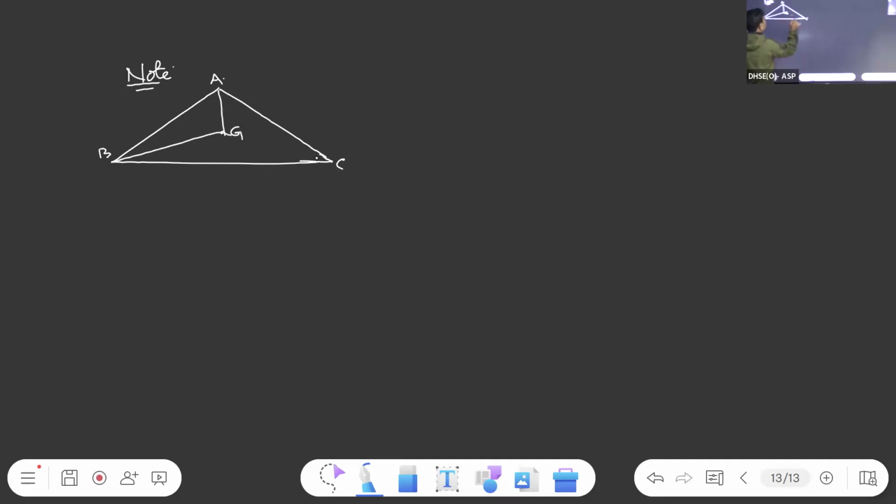Then G with the vertices, and the area of triangle GAB is equal to the area of triangle GBC is equal to the area of triangle GCA.